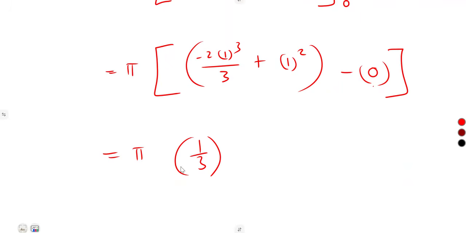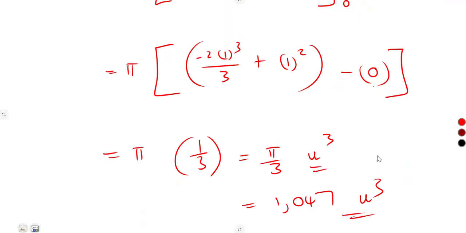And this is a 0, guys. So it's just going to be a third. So that's pi over 3 cubic units, or as a decimal, 1.047 cubic units. So you have got the volume, just like that.